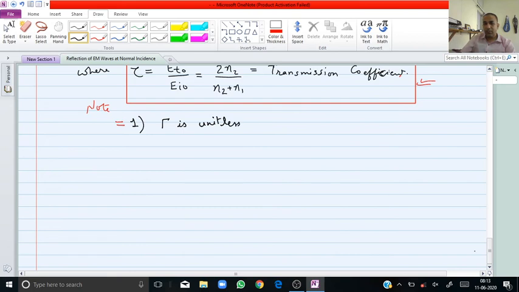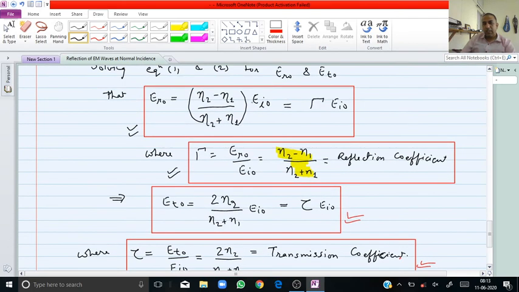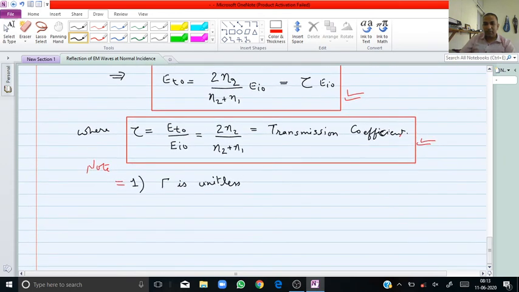Another point you can find out is that as eta is a complex quantity, you know it very well that eta in general is equal to under root of j omega mu divided by sigma plus j omega epsilon, which is a complex quantity. This may be real also depending on this factor.